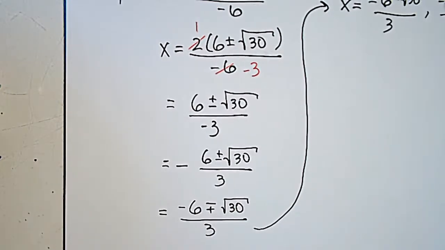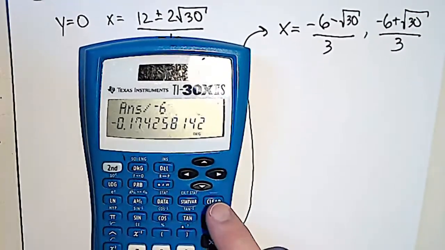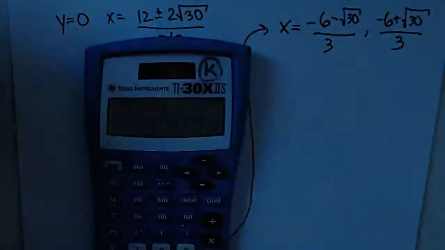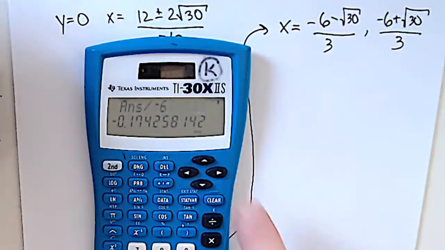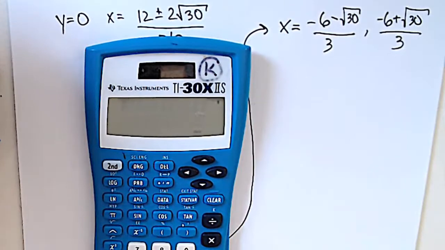So let's figure out what this is on the calculator. Okay, there we go. I was dividing by negative 6. I wonder what that was all about. Okay, so I've got negative 6 minus radical 30 equals, that's the numerator, and then I divide by 3.